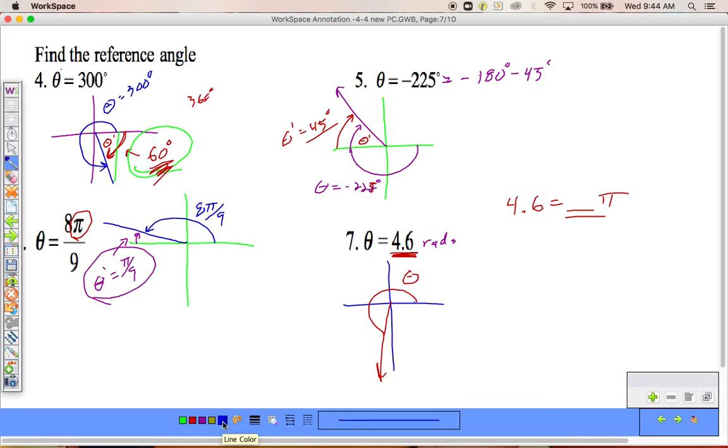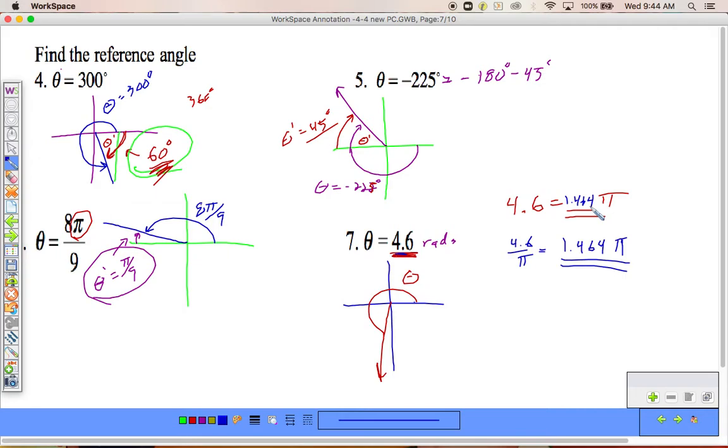So I'm going to divide 4.6 by pi, which tells me that 4.6 is approximately 1.464 pi's. Because I took this 4.6 radians and I wrote it in terms of pi by dividing my number by pi.